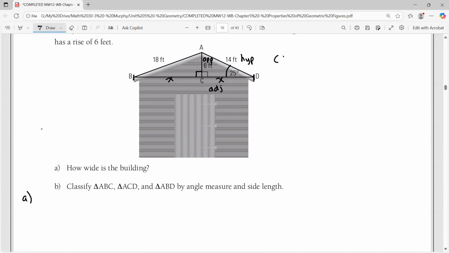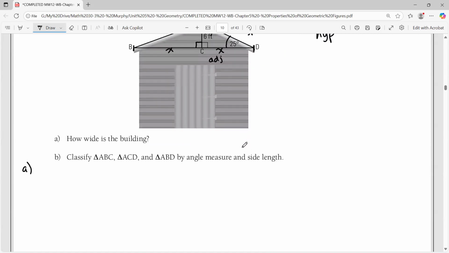So I'm going to use cosine. Now, like I said, you could pick whatever one you want as long as it works. So remember, it's adjacent over hypotenuse. And we have the angle, we have hypotenuse 14, and adjacent will be x.